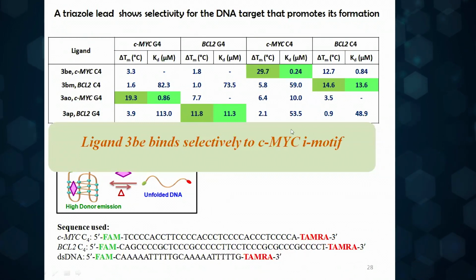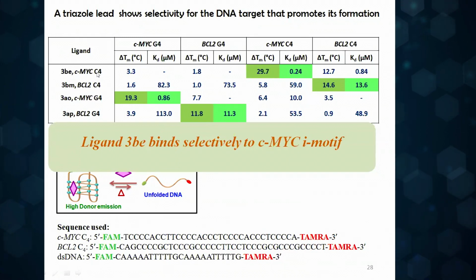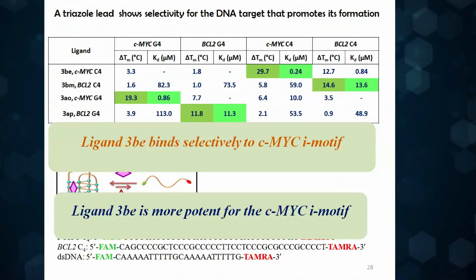Similarly, it also shows high binding affinities, almost nanomolar, for the c-MYC I-motif. To summarize, ligand 3BE obtained by the c-MYC I-motif binds selectively to the c-MYC I-motif, and moreover, it is more potent for the c-MYC I-motif in comparison to the other 3 lead compounds.